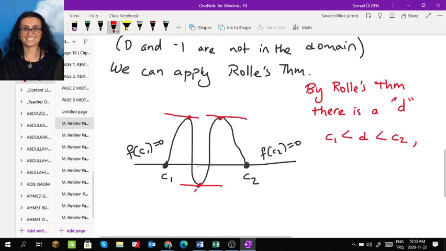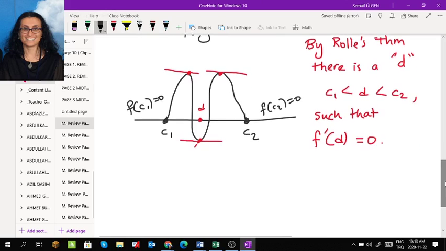Let's let this be D, such that F prime at D is equal to 0, horizontal tangent. Let's get back to our F. So let's check whether this is true for our F.